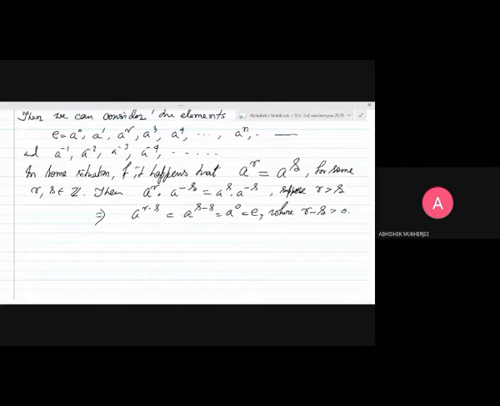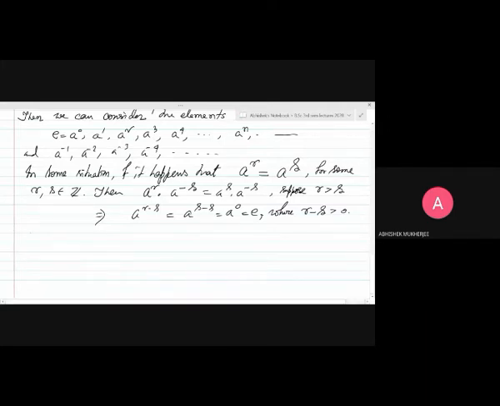That is, you have found some positive integer for which the power of a equals the identity, and this gives rise to applying the well ordering principle.